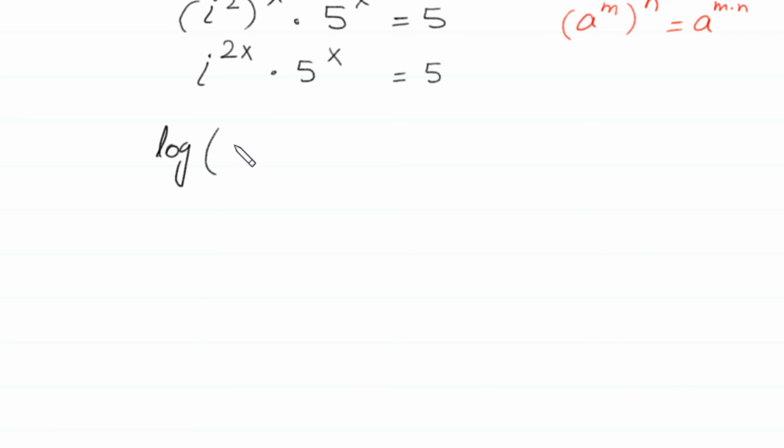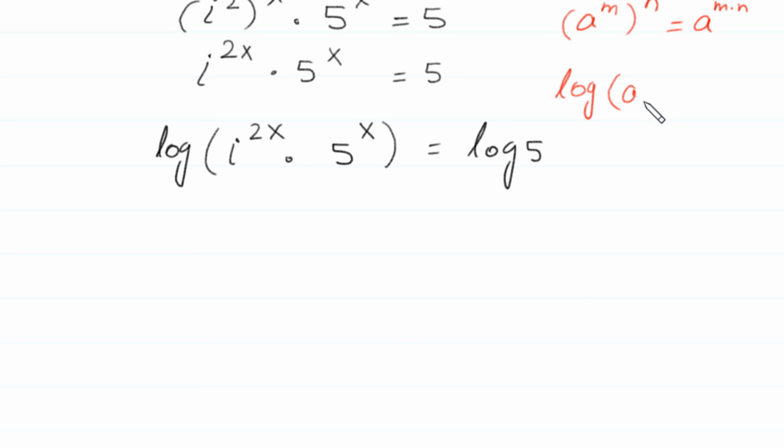Log of i to the power 2x times 5 to the power x is equal to log of 5. Now according to log property, log of a times b is equal to log of a plus log of b.